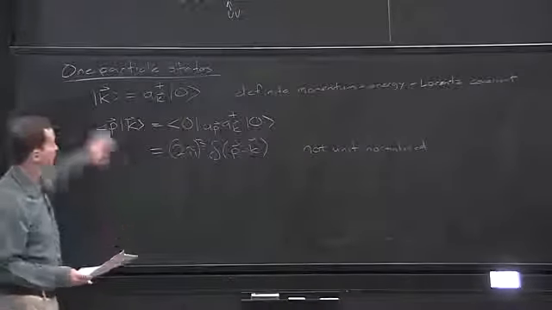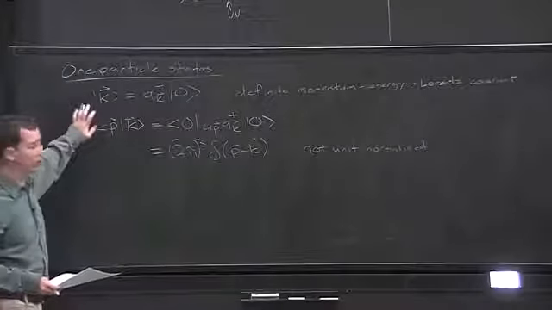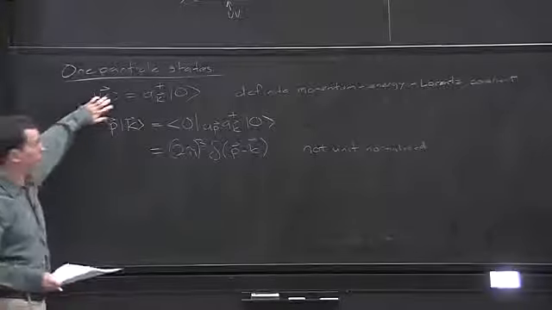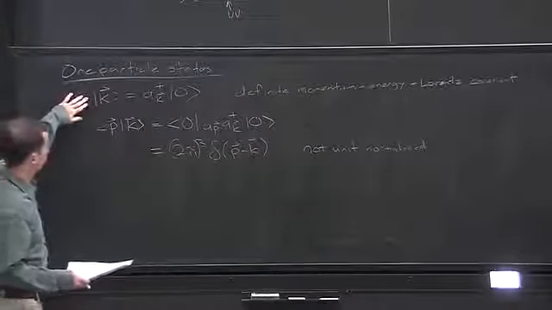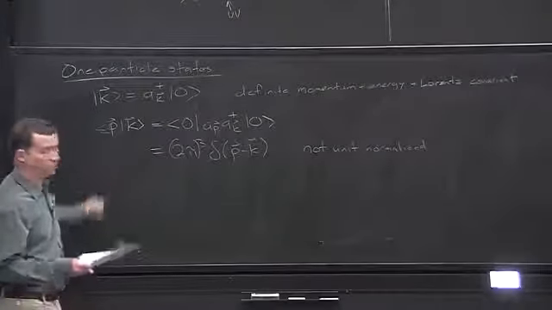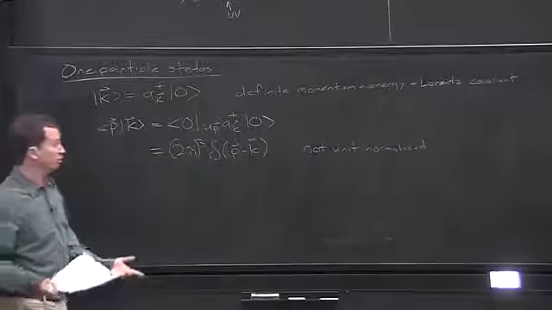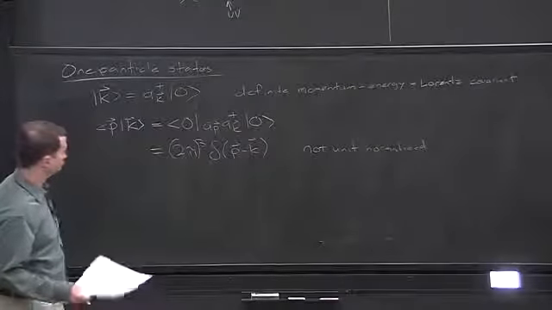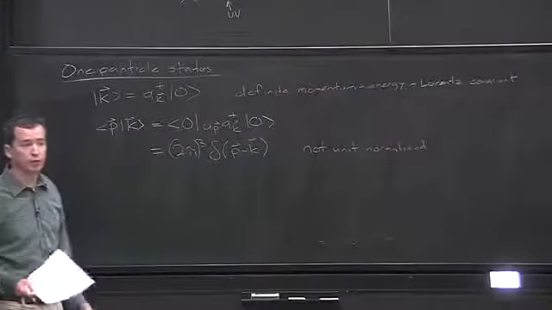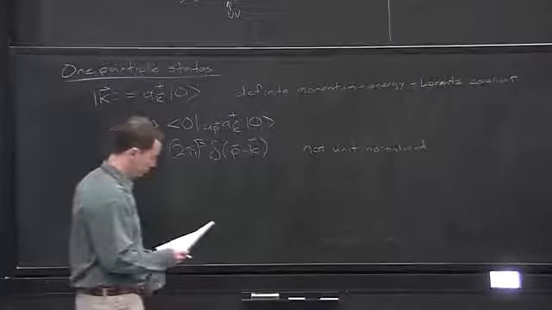Not every text chooses the same normalization that we're going to use. One of the main reasons for our choice of normalization is this fact that the states are Lorentz covariant. So the measure doesn't look as nice as some other choices of normalization, but there's nothing else to remember. Everything else behaves nicely under Lorentz transformations.